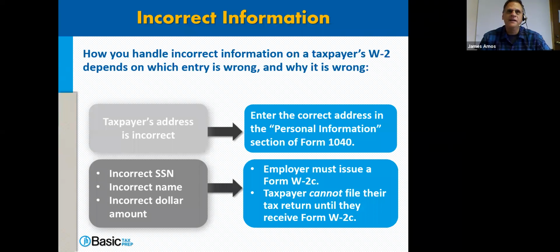And so I put it in. And then when I started reviewing the tax return with them after I got it done, they said, what do you mean? I didn't have that much income. So we went back and took a look at the W-2. And sure enough, it was showing that. What had happened is somebody had accidentally added an extra zero when they were entering it. And so we had to actually send her back because obviously she did not want to be in the highest tax bracket. So that's how you handle these things.